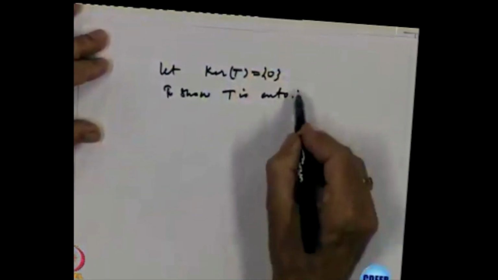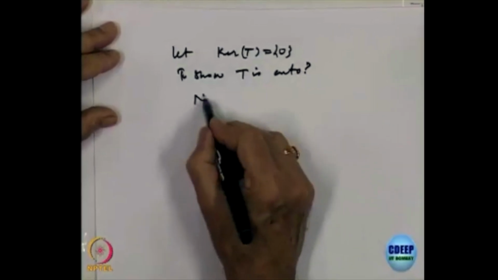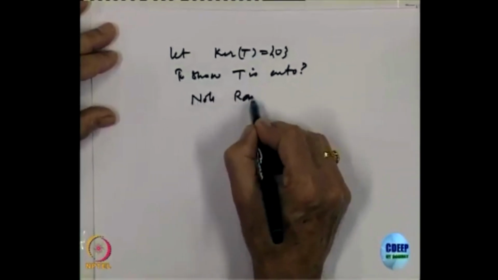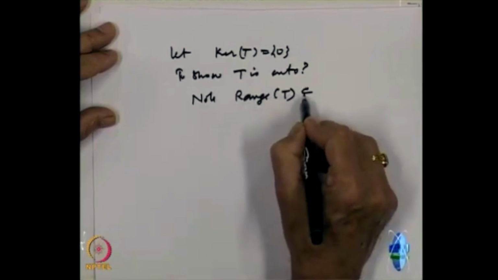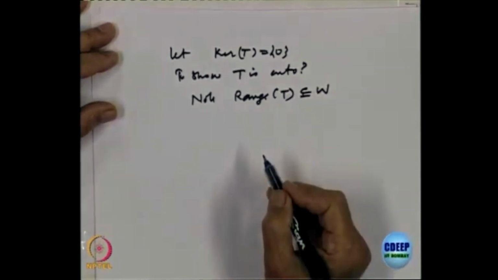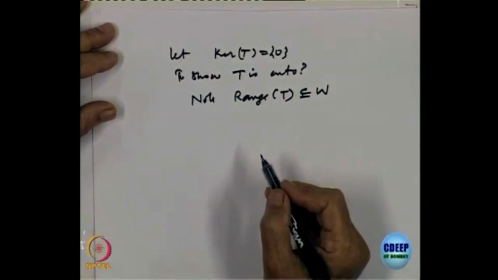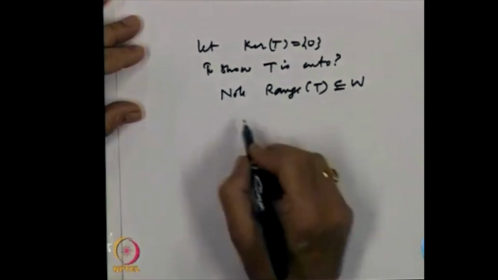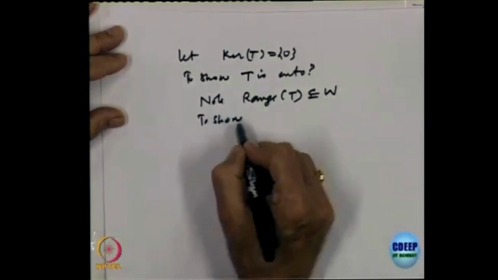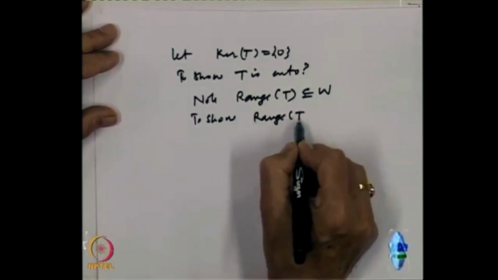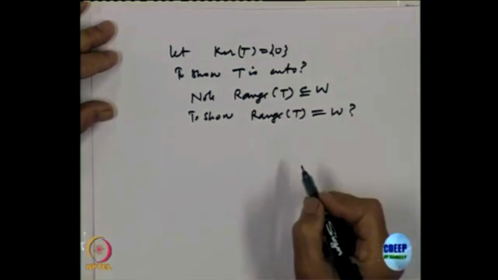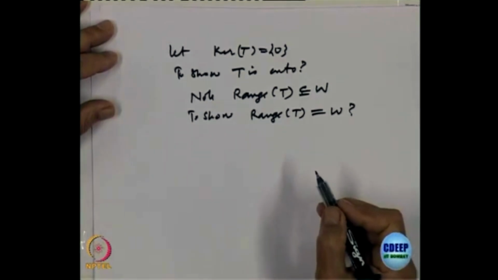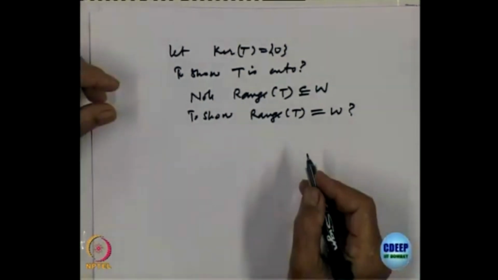To show that T is onto, note that the range of T is a subset of W. To show it is onto, I have to show that the range of T is equal to W. If the range is the full codomain, then it is onto.